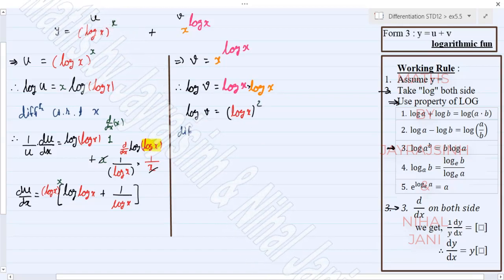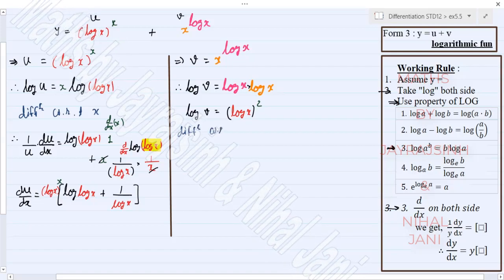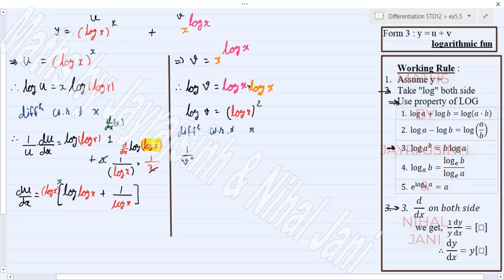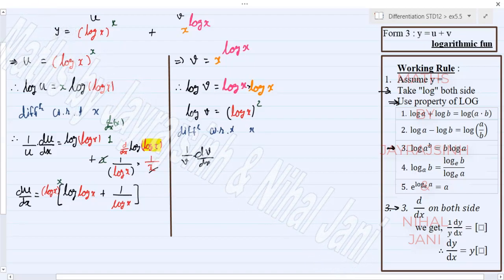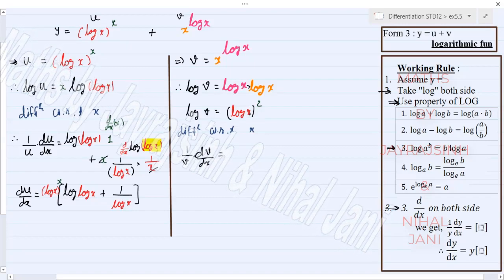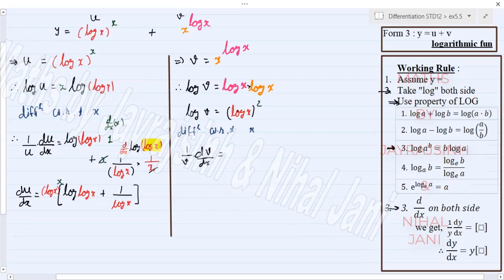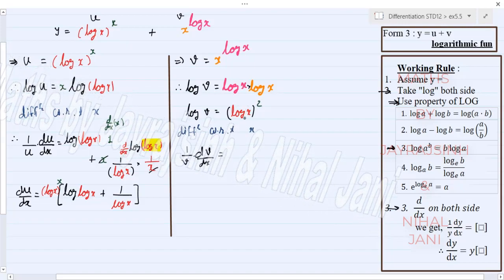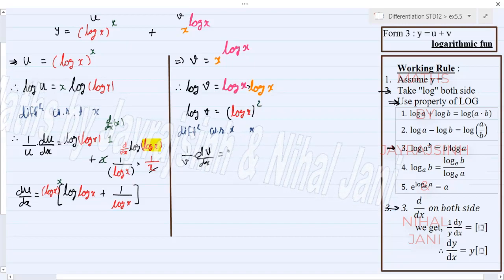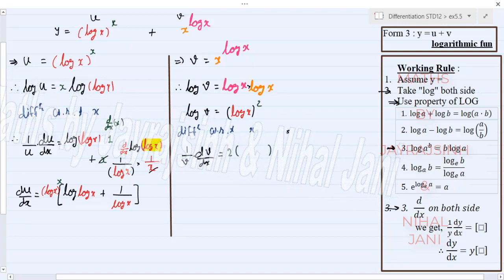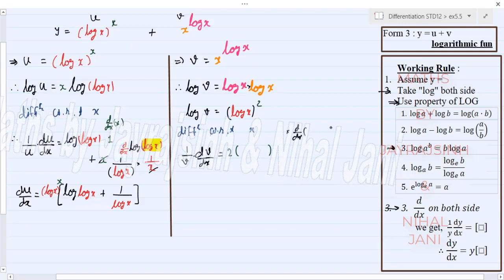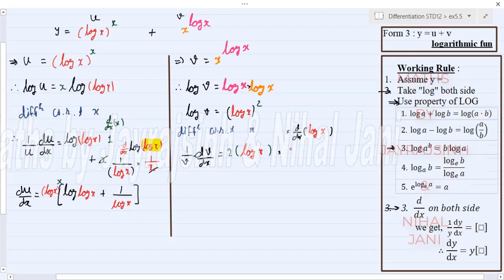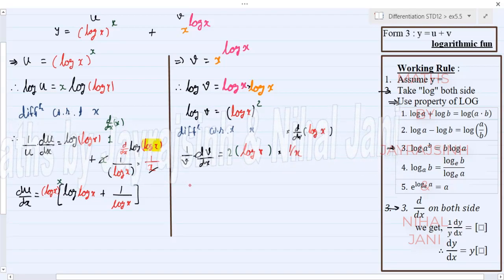So we are ready to differentiate our equation with respect to x. So on left side we will get 1 upon v dv by dx is equal to, on right hand side, to differentiate log x the whole square, we have to consider box around the log x. So we just have to differentiate box square, which is 2 box into d by dx of box. Within the box we have log x, so we just have to multiply differentiation of log x, which is 1 by x.